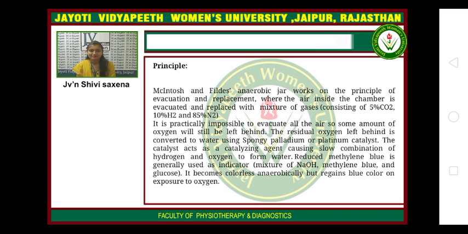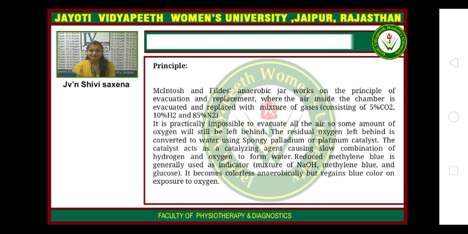Principle: McIntosh and Field's anaerobic jar works on the principle of evacuation and replacement, where the air inside the chamber is evacuated and replaced with a mixture of gases consisting of 5% CO2, 10% H2 and 85% N2.